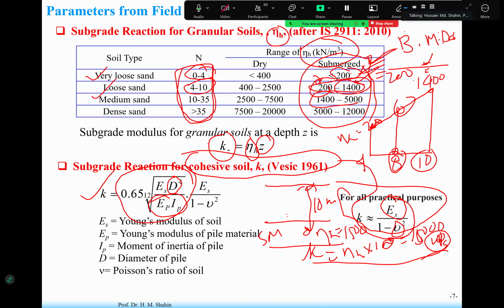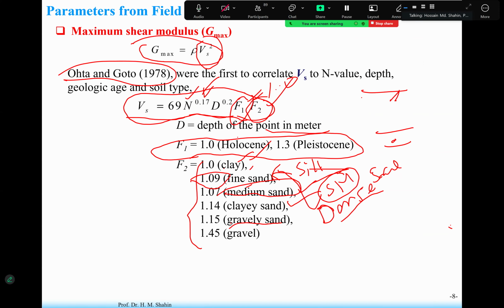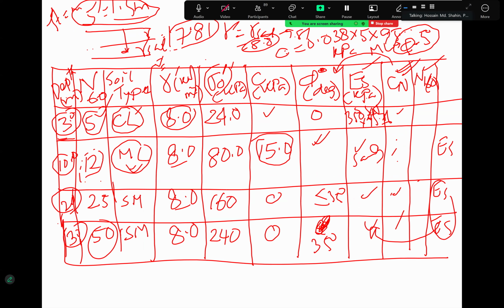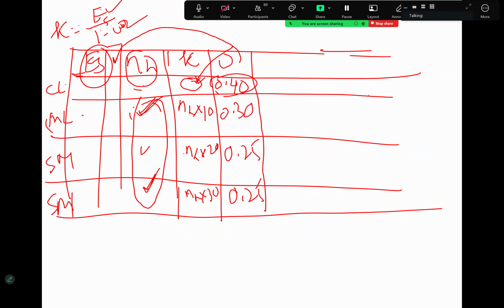So it is 12,000. And the other one you have to calculate by interpolation. So 12,000 into 3 into 30, 36,000. So this is your K.